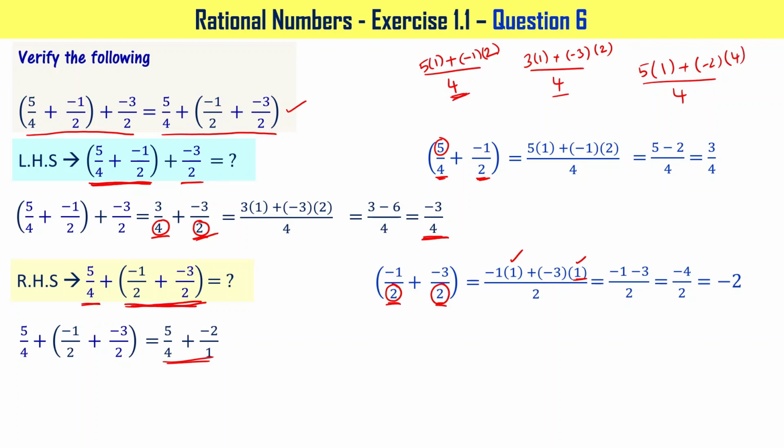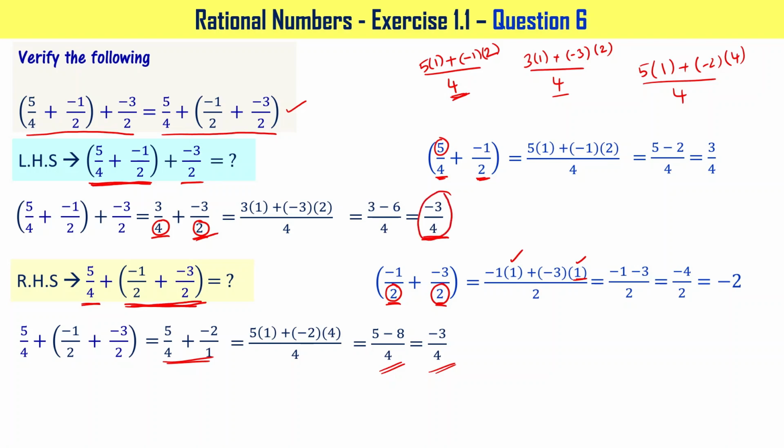So 5 times 1 plus minus 2 times 4 divided by 4. 5 times 1 is 5, minus 2 times 4 is minus 8. The answer is 5 minus 8 divided by 4, that is equal to minus 3 by 4. So RHS is also equal to minus 3 by 4, that is equal to LHS.